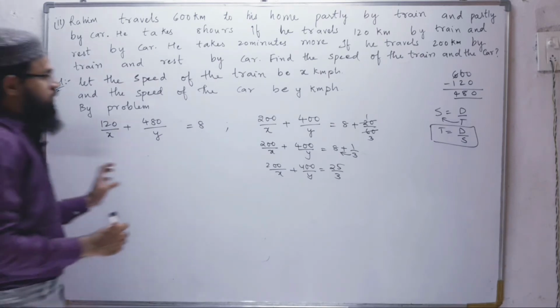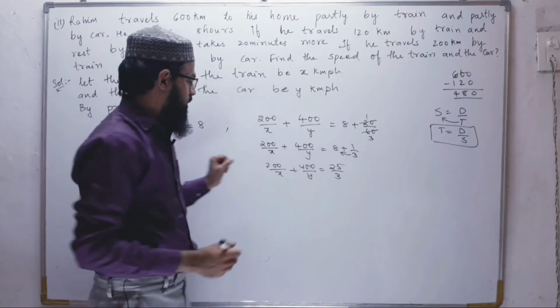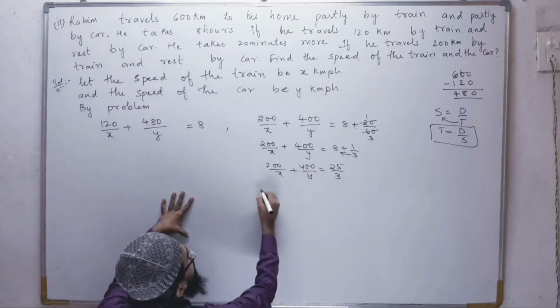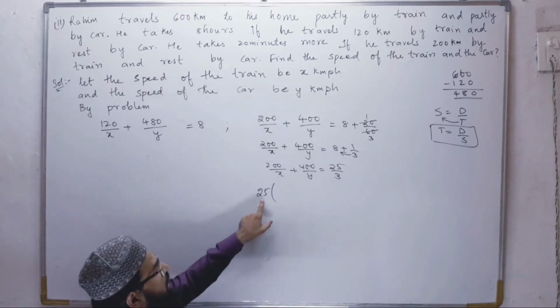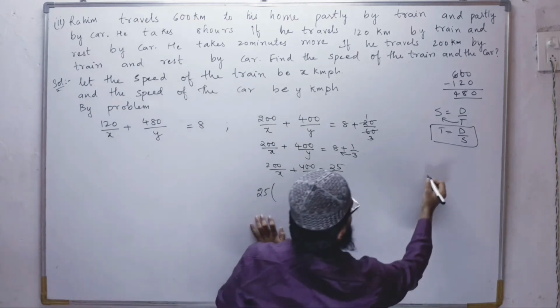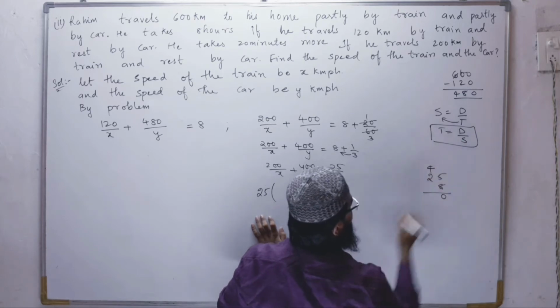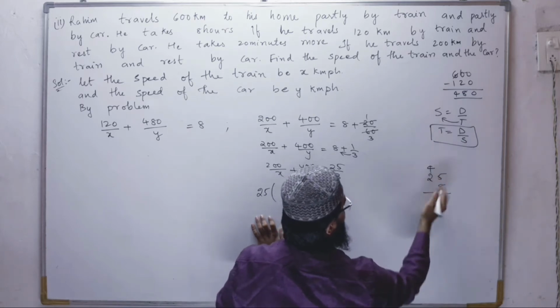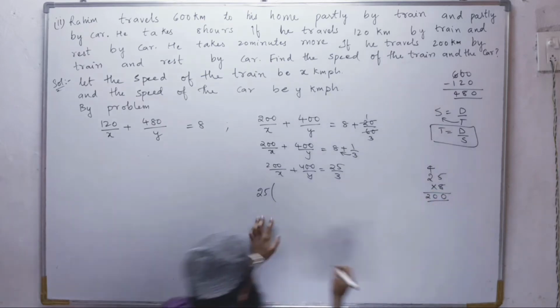Next, we can take 25 common from the LHS. In the 25 table, when do we get 200? 25 eights are 200.